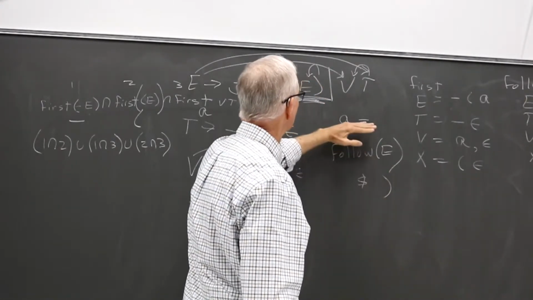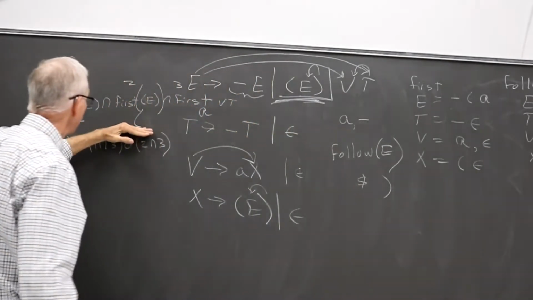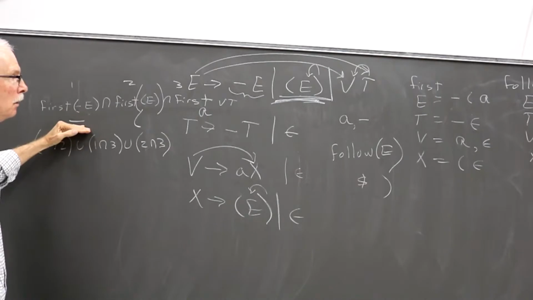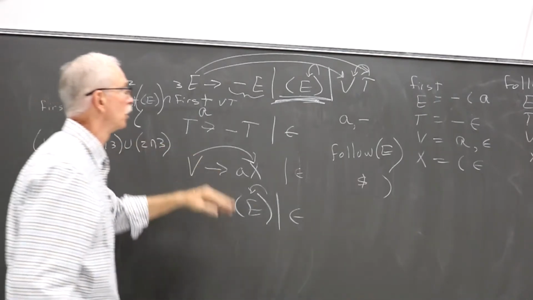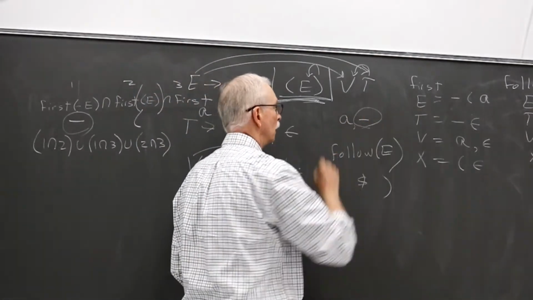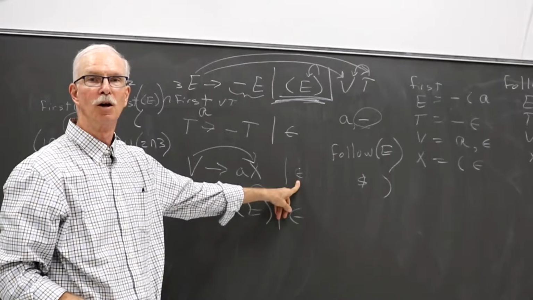So dollar sign and right paren versus A and minus versus left paren. And so now, with adding that empty, it's no longer LL1 parsable.